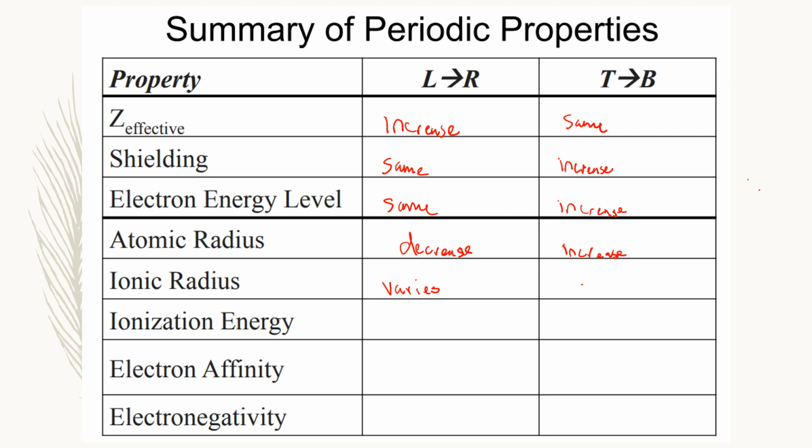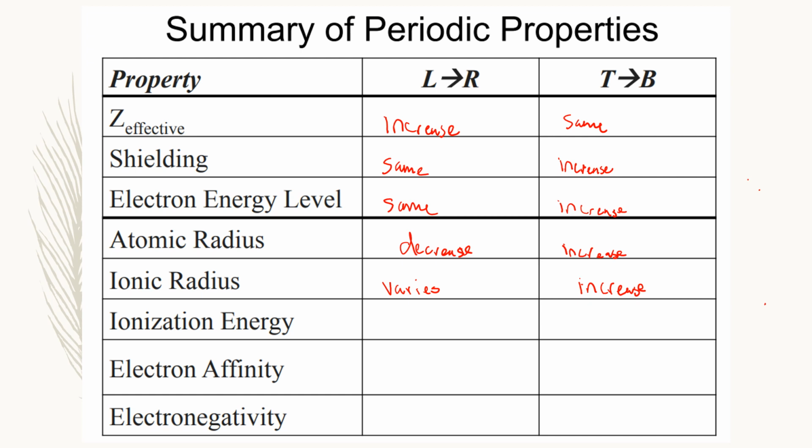From top to bottom, it will increase just like atomic radius does because we're still adding extra energy levels filled with electrons. So again, like I said, there's no set pattern going all the way across from left to right. For the ionic radius, it's going to get smaller with an increase in positive charge, okay? And then larger with an increase in negative charge.